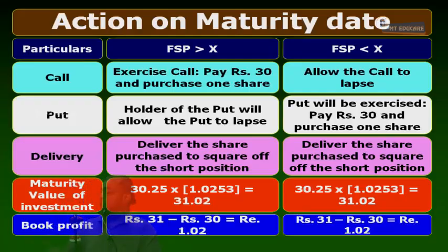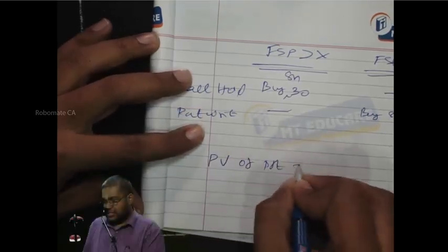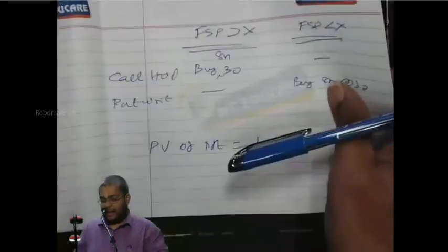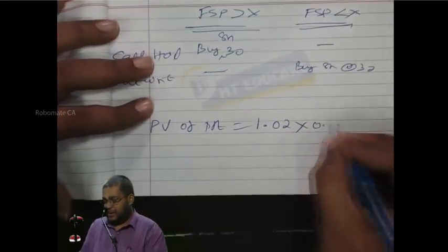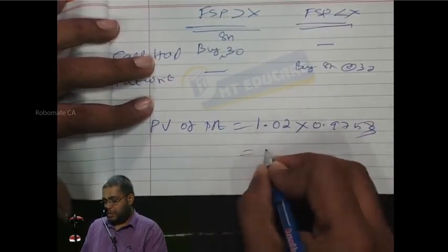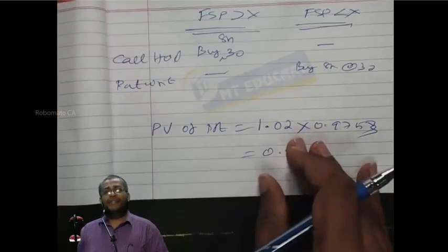Now, one help. What is the profit after 3 months? 1.02. Please tell me the present value of the profit. Present value of profit is 1.02 into the PV factor for 3 months, which is 0.9753. The number here is 0.99.